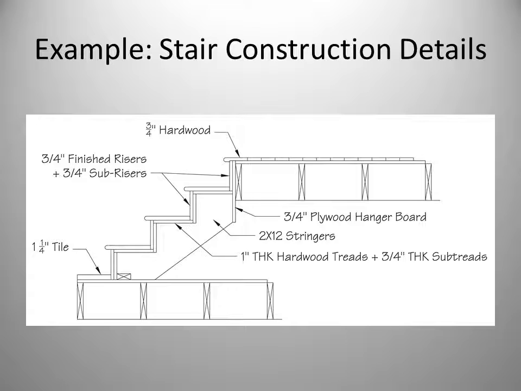And on the treads, we will have a 1 inch thick hardwood finished tread, and then we will also install a 3/4 inch thick sub tread. We will also include a 3/4 inch thick plywood hanger board, but that will not affect our rise or our bottom riser height calculations.